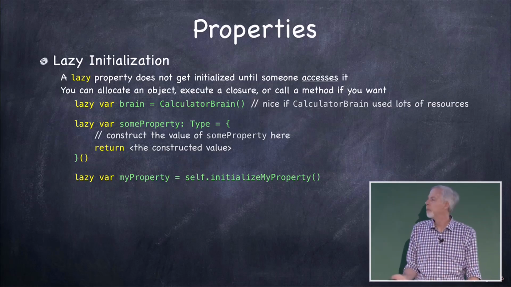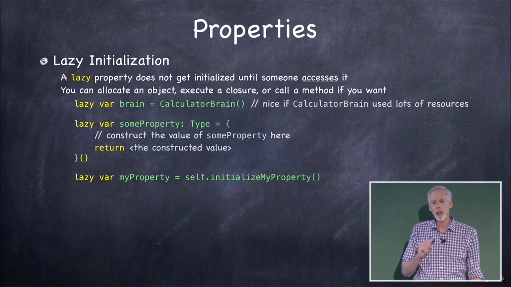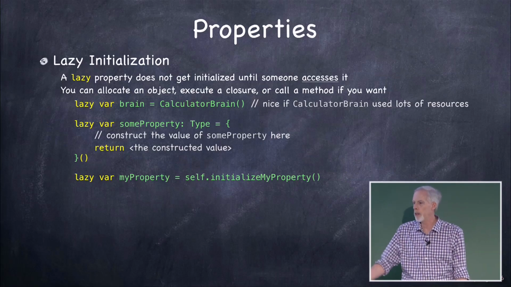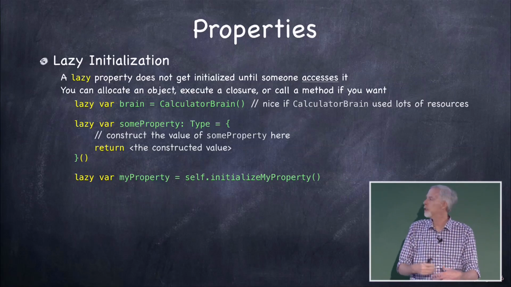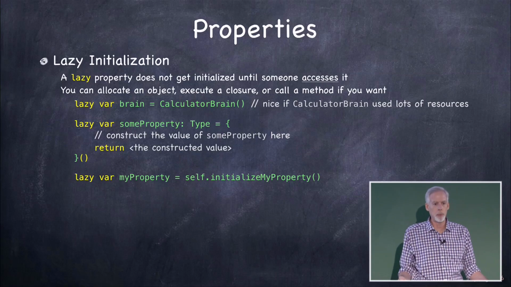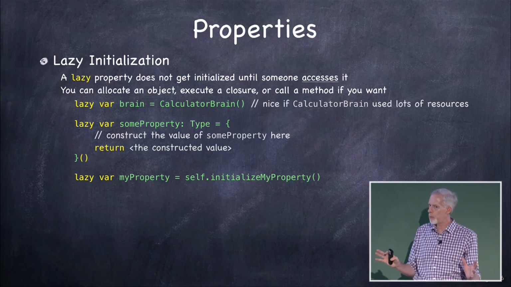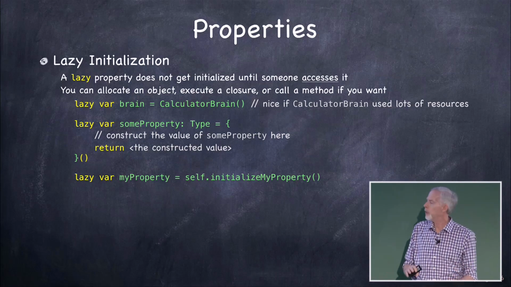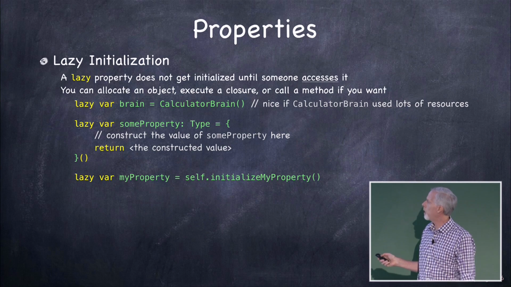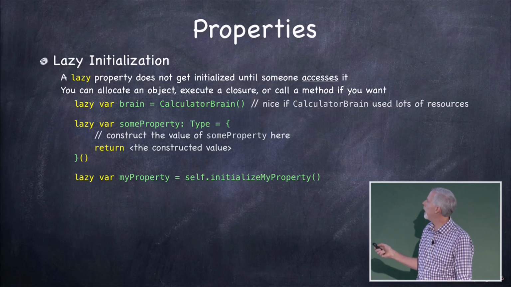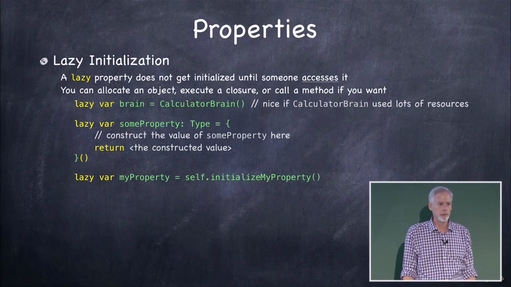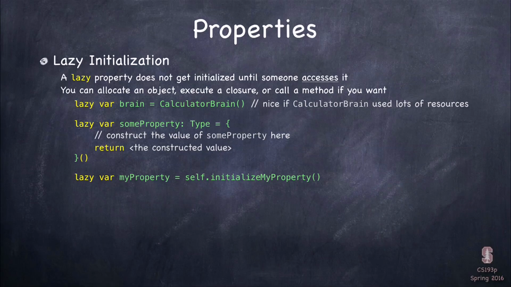You can't do it. But if you make this lazy, now you can, because it's not actually going to happen until after you're fully initialized and someone comes along and tries to access my property. No one can access my property before you're initialized anyway. So once you're fully initialized, someone accesses my property, lazy, boom, this method would get called to initialize you. Got it?